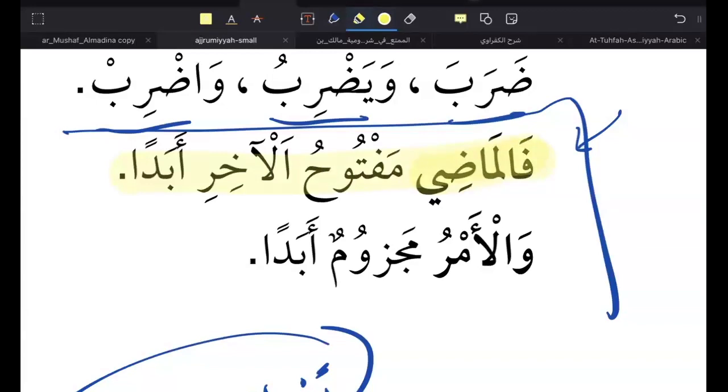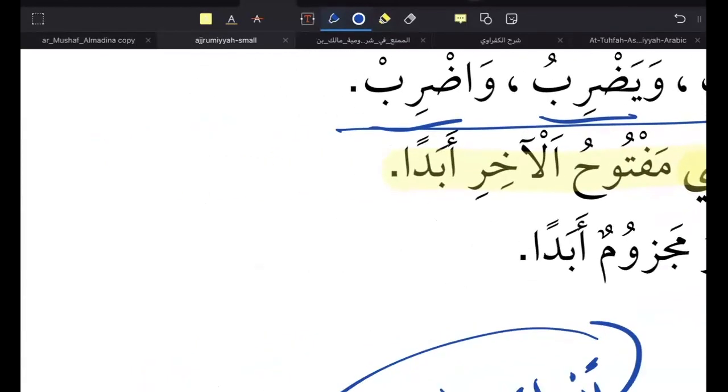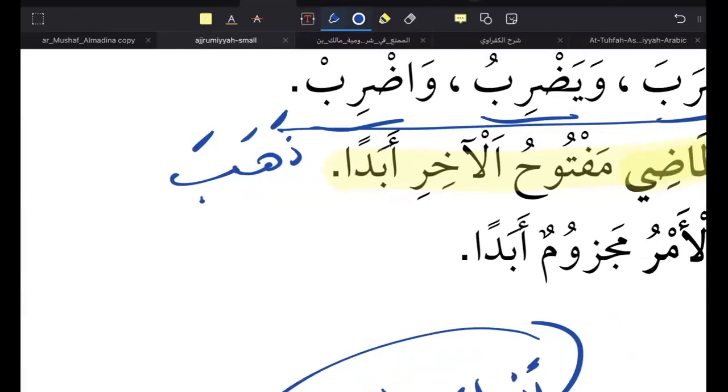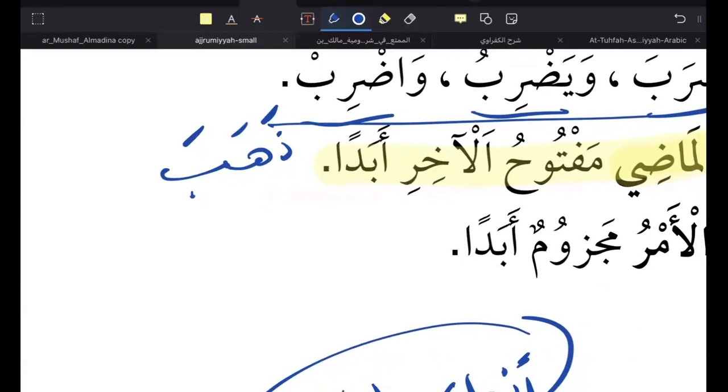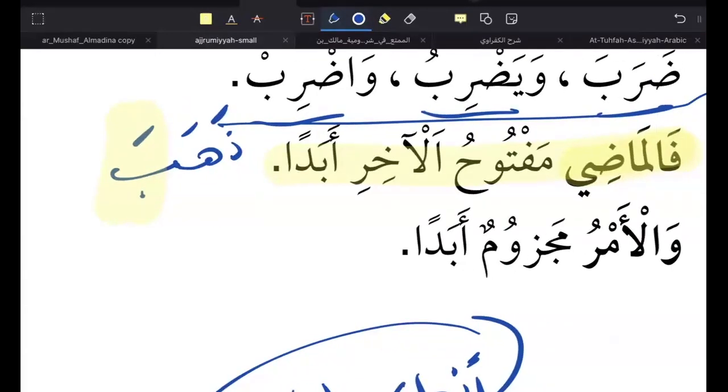So he wants to say that the past tense verbs, so you have ذهب, and remember in the grammar, we're only interested at the end. So what he's saying, maftuhul akhir. Maftuh here doesn't mean open, it means the fatha. So it has a fatha at the end, abadan, always, da'iman.